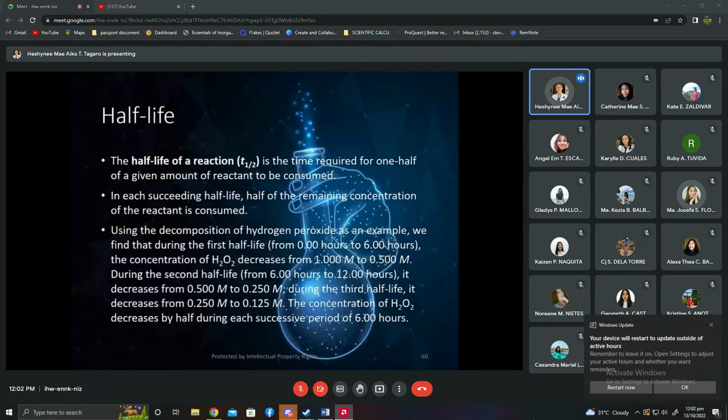No, 3 more slides. So, half-life, children, represented by this abbreviation, T subscript 1/2, is the time required for 1/2 of a given amount of reactant to be consumed. Let's have an example: the decomposition of hydrogen peroxide.